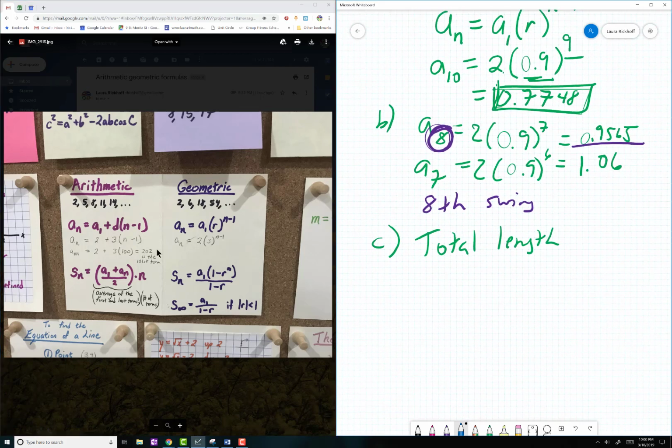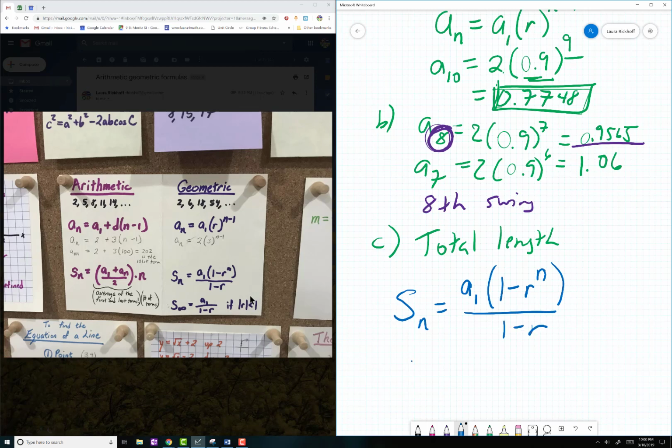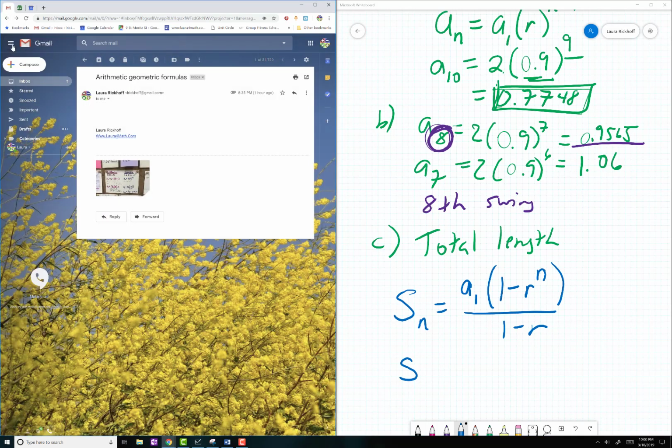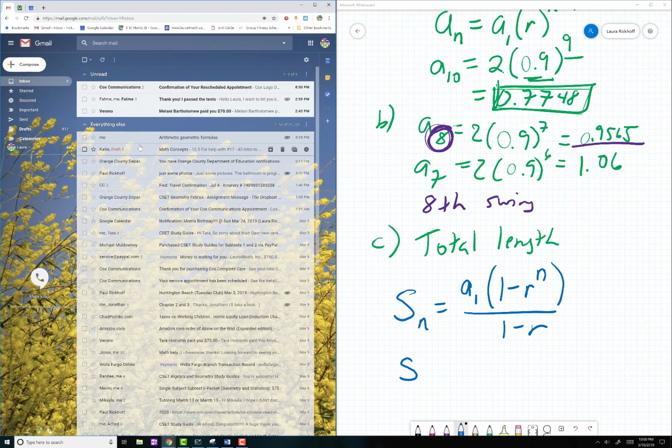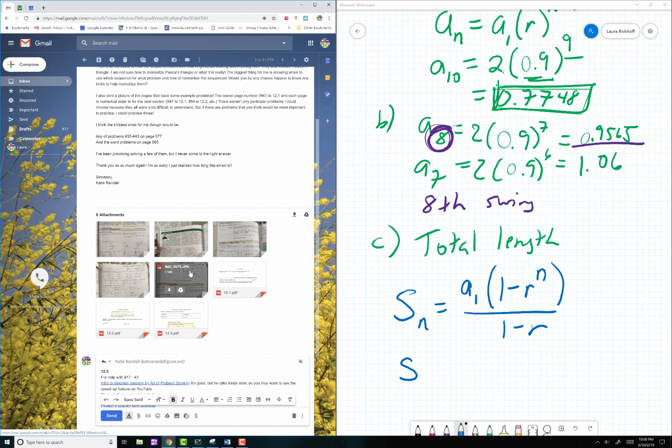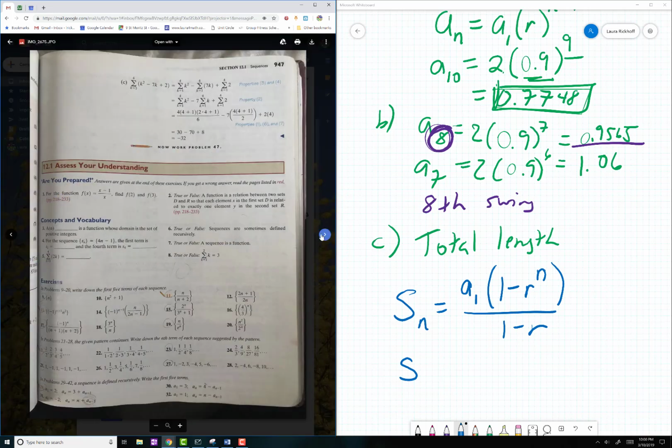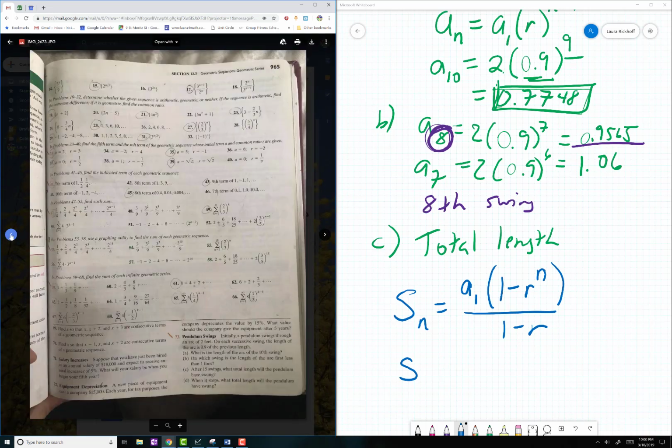And so now if we want the sum, your sum of the first n swings is your first term times 1 minus r to the n over 1 minus r. So they want the sum of the first 15 swings.